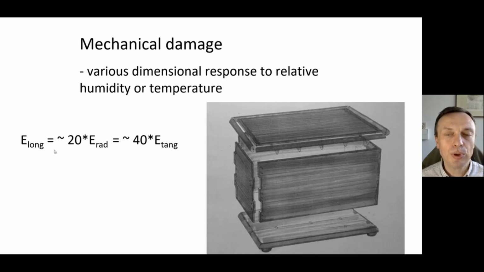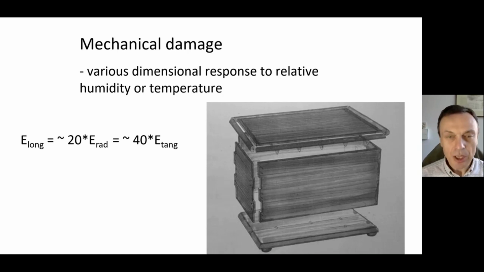Wood is much stiffer in longitudinal direction, more or less 20 times stiffer than in radial and 40 times stiffer than in tangential direction, so you can see that this direction is much stiffer and restrains the plank from the wood movement. So when changing relative humidity, the plank responds much more in radial direction than in longitudinal, but the longitudinal direction restrains its movement, and the stresses appear at the borderline and in the plank. And in fact, the crack was created in this area.